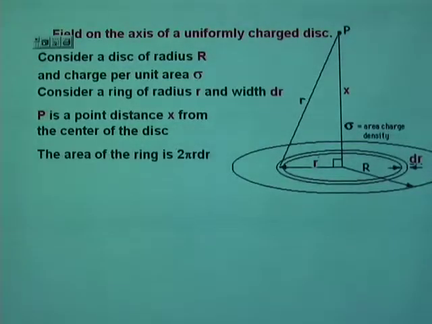I hope you understand what area I'm talking about. I'm talking about this area. You see that? That area I'm shading in red. That's the area I want. Now, what is that area equal to?